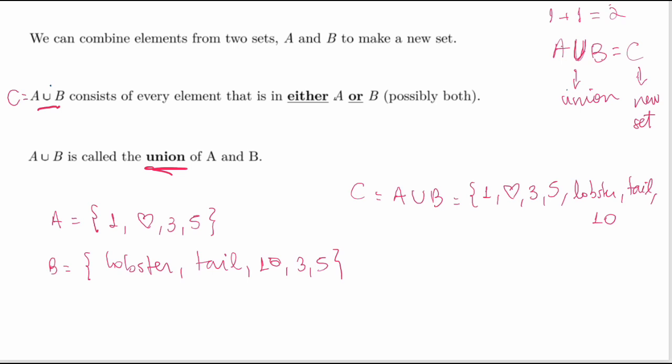But look, 3 and 5 are sitting on both sets, so because I already hard copied them, I don't need to repeat them. So I just finish here. This new set is the result of the union, the take it all, take everyone from A and everyone from B. Just be careful to not hard copy the elements that sit on both of them twice.